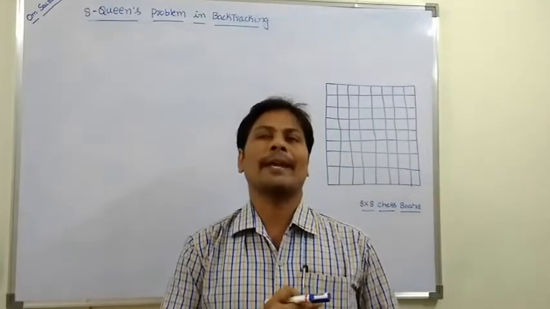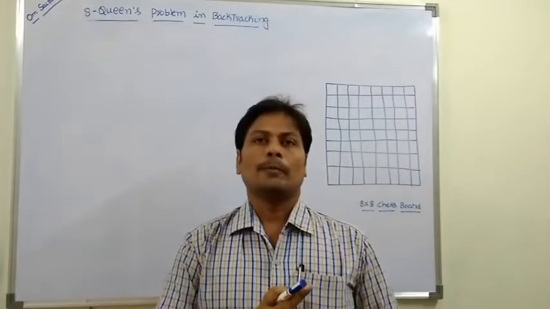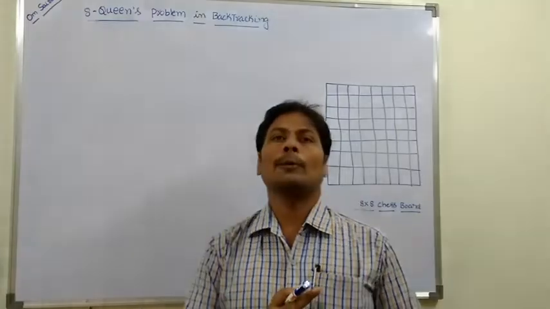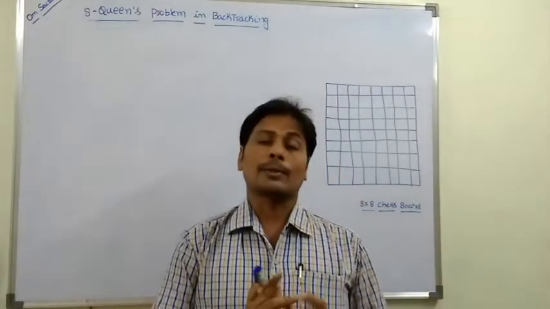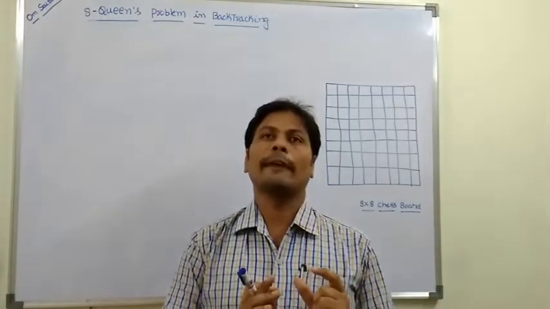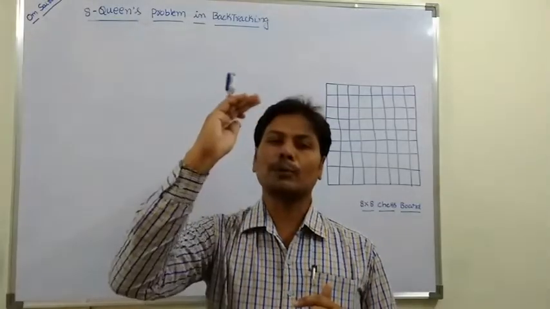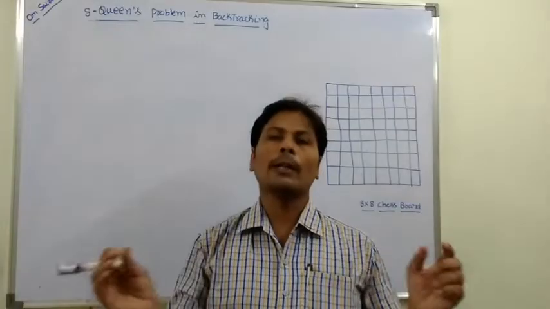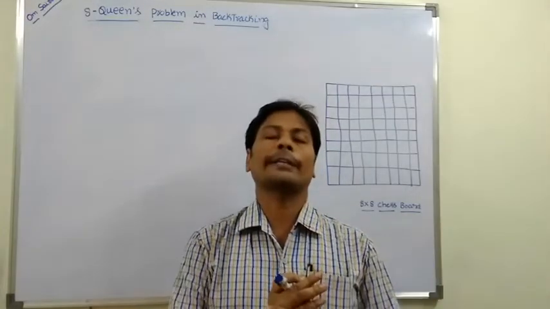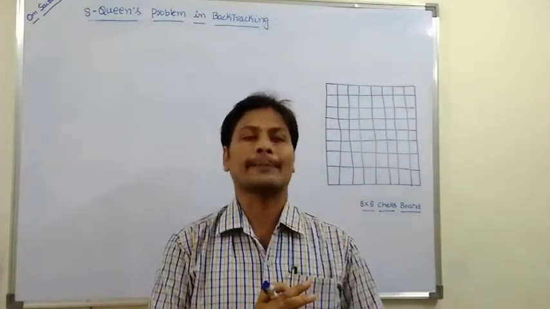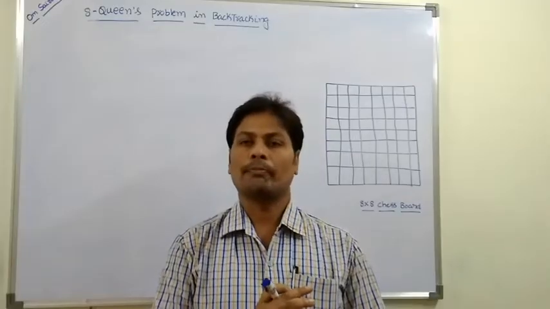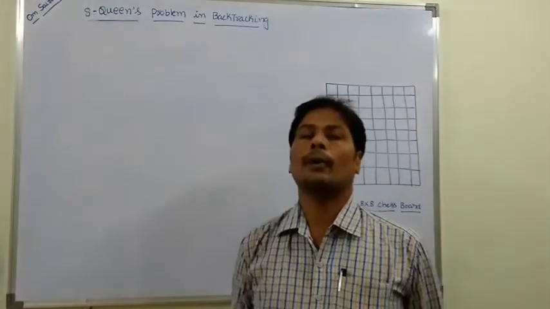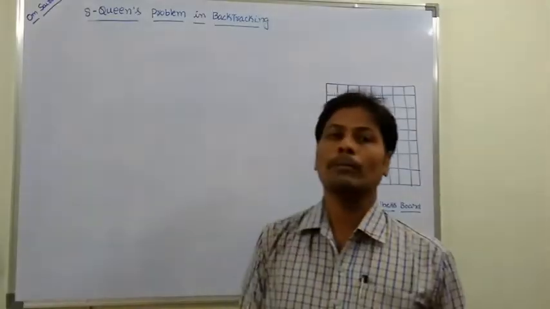In the state space tree, we select only the solutions for the given problem from the root node to a leaf node. All the solutions are collectively called the state space tree. Now we are going to the 8 queens problem.